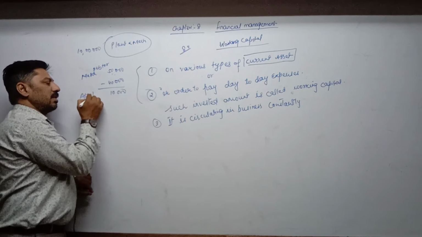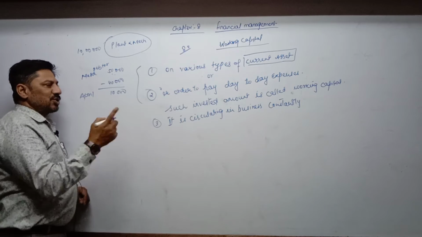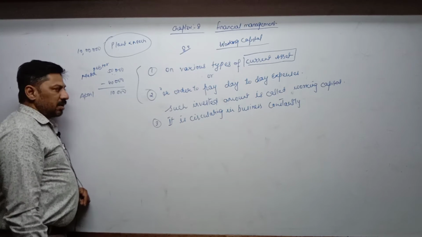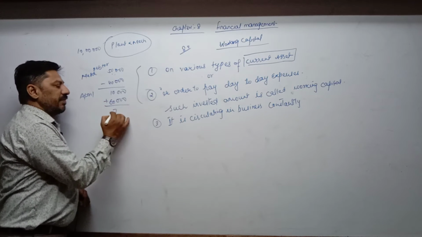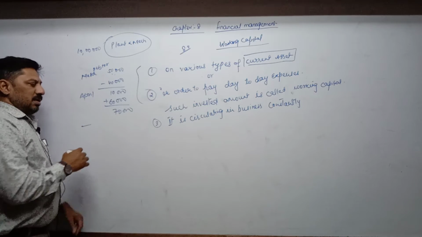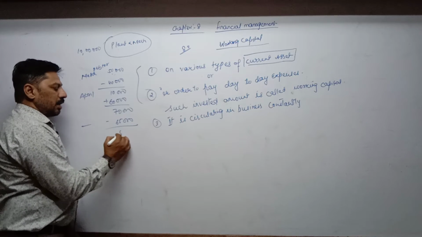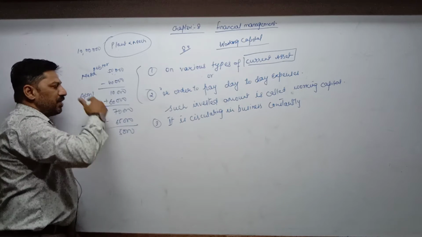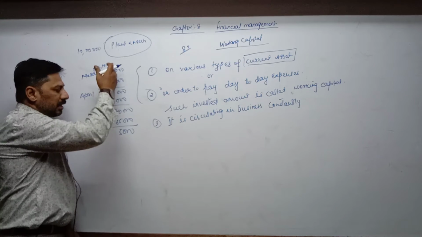In the month of April, again we have sold goods on credit for rupees 60,000. So total debtors become 70,000. In the next month, if we get our cash 65,000 back from the customers, now debtors remain 5,000. It means every month, constantly, regularly, debtors change.